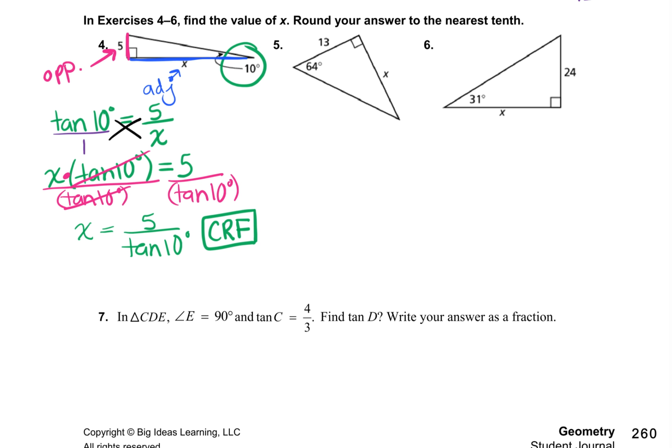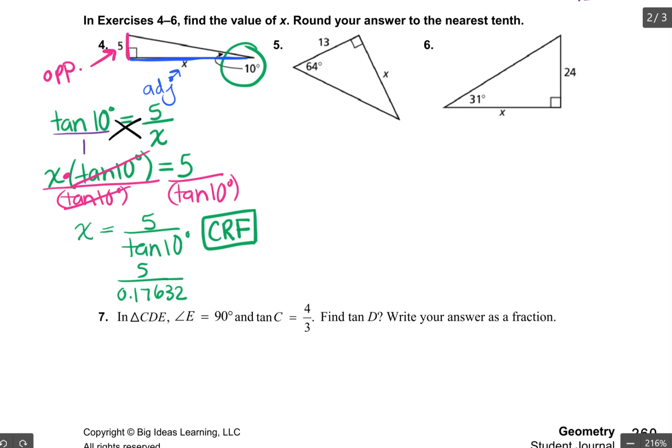You're going to have to type in the tangent of 10 first by typing the 10 and then typing tangent. It will give you a decimal. Write that answer down. Your calculator is going to tell you that tangent of 10 is about 0.17632.